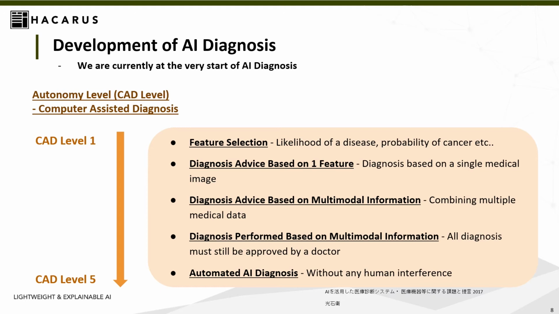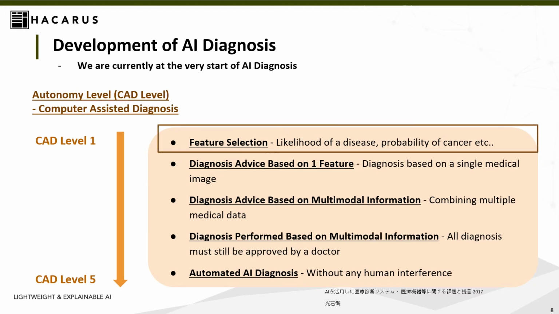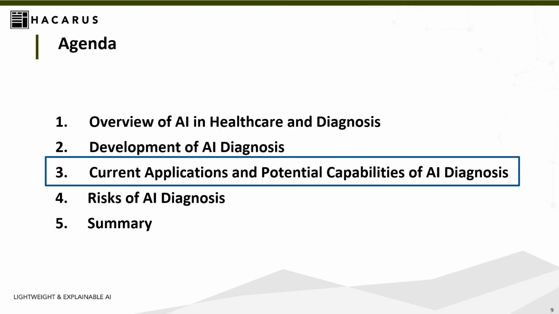As of today, we are still on level 1, where only feature selection is possible. However, the development is ongoing to achieve higher levels. Although we are still in the early phases of AI development, there are already a number of applications today. Such applications will now be covered, followed by an overview of potential future applications as well.